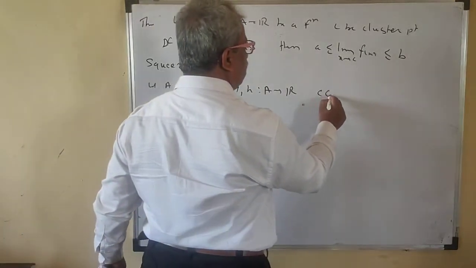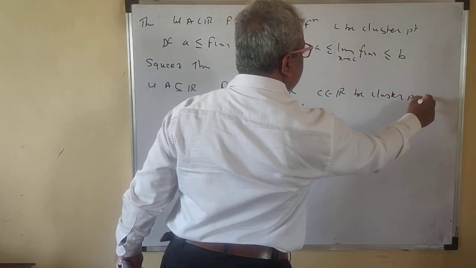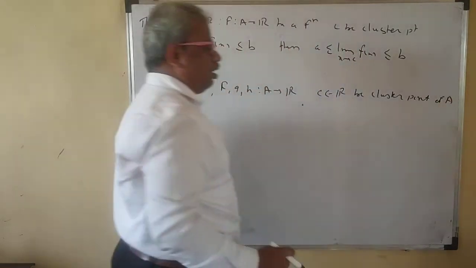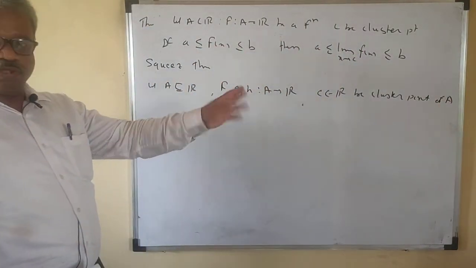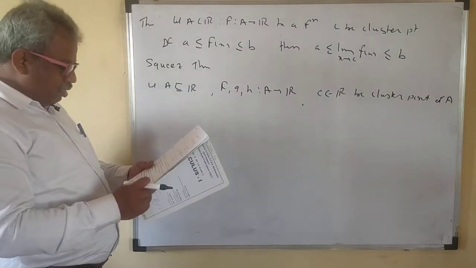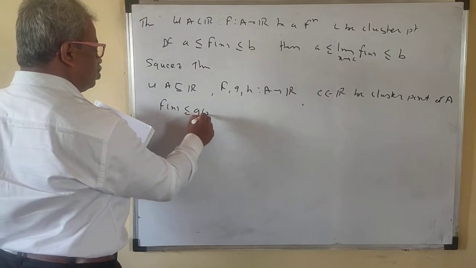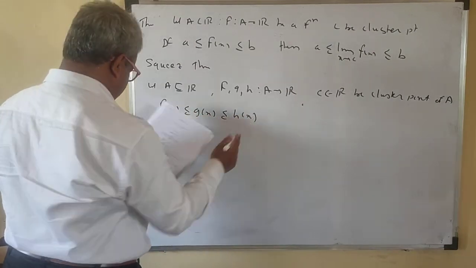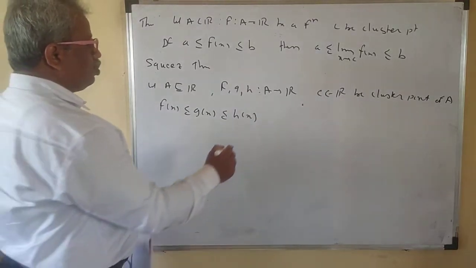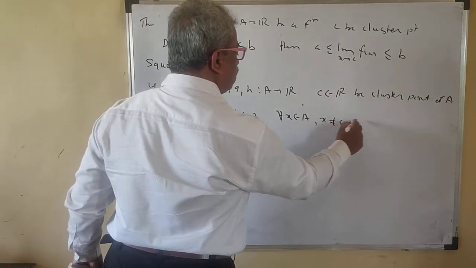C belongs to R, C is a cluster point of A. And we have the functions f of x less than or equal to g of x less than or equal to h of x. This is true for all x belonging to A, x not equal to C.